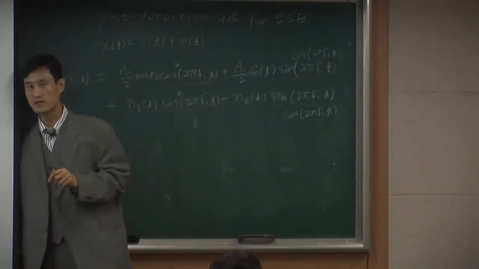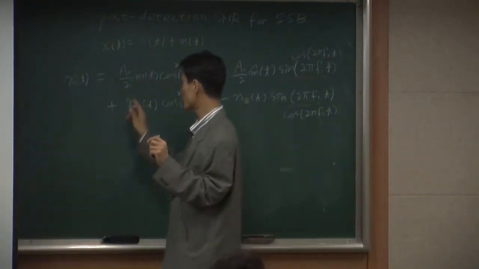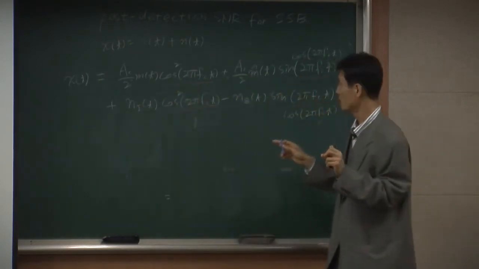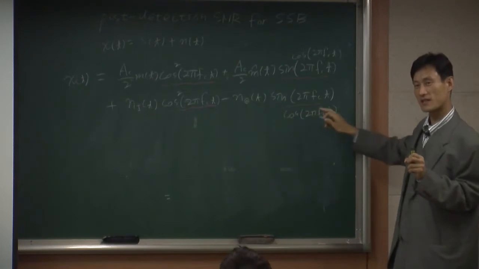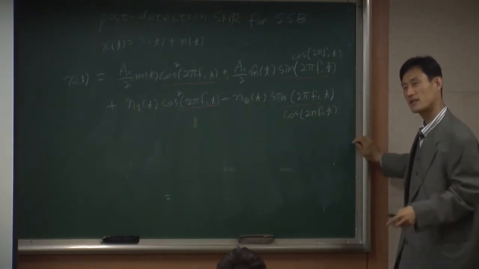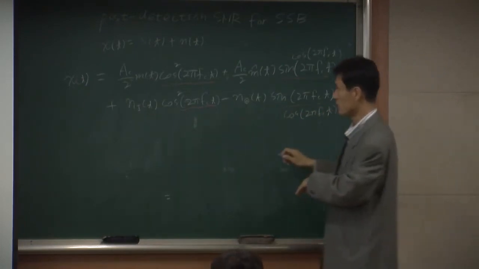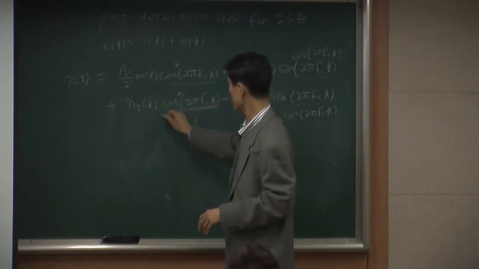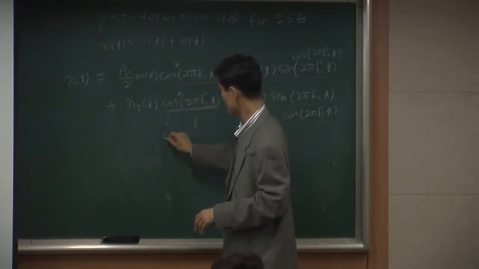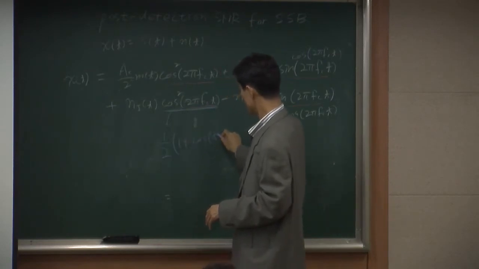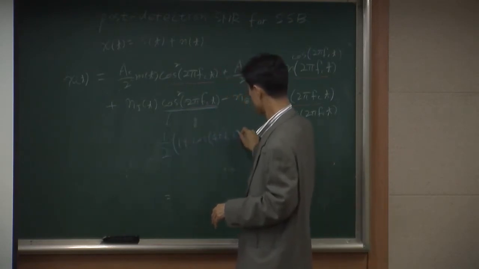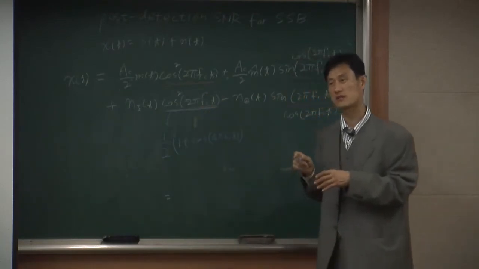You're going to use identity. Because every time you see the square, cosine square, or cosine times sine, every time you see something like this, now you need to use identity and change this. So how do you change it? Cosine square, we always need to change into 1 over 2, 1 plus cosine 4 pi fc t.